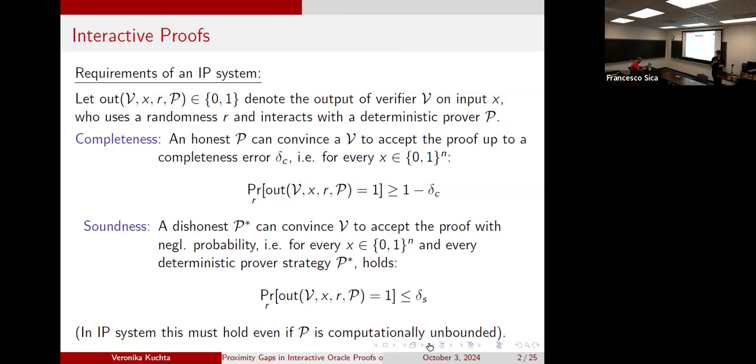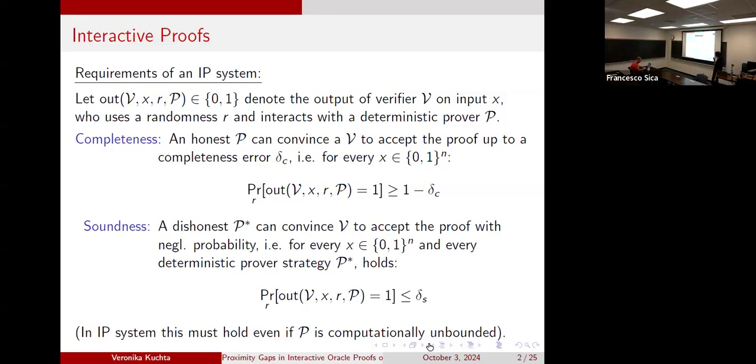So the verifier can challenge the prover, ask some queries, and the prover can respond to these queries correspondingly. And in the end, after running multiple rounds, the verifier needs to verify the proof, right?